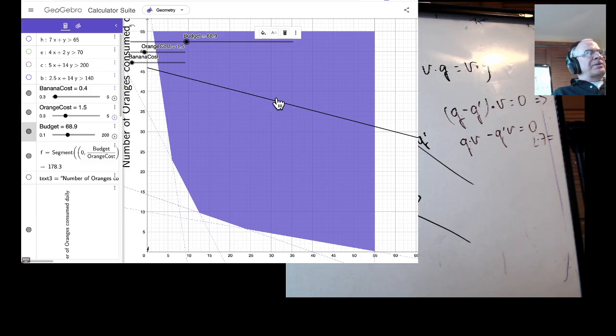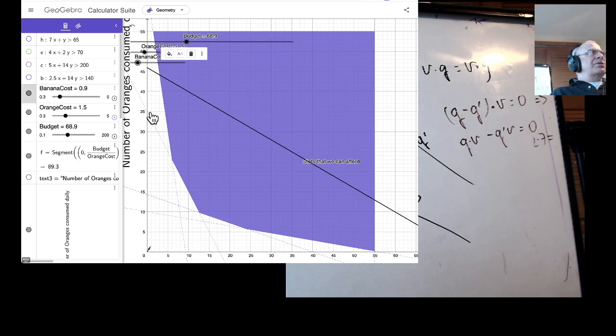Each and every point along this line gives exactly the same cost, and that's what I can get with $68.9 per day. Had I changed the cost of orange, then this line would be different. But still, every two points on this line cost exactly the same.